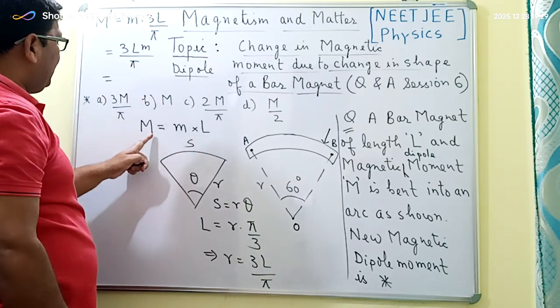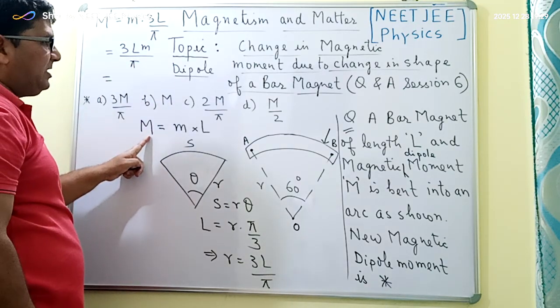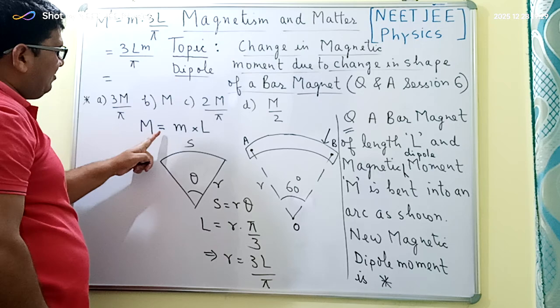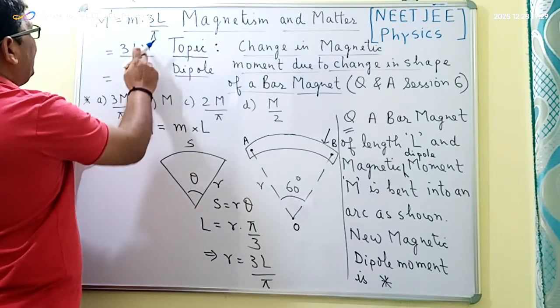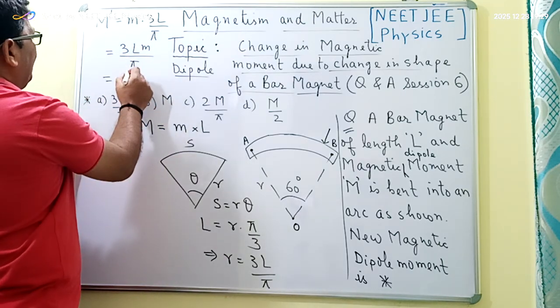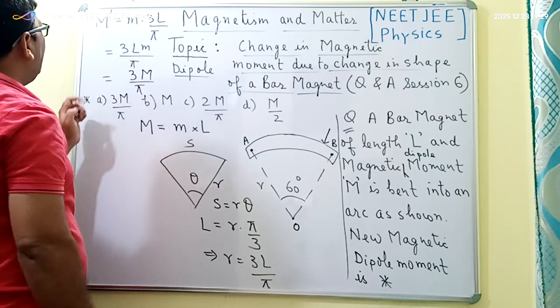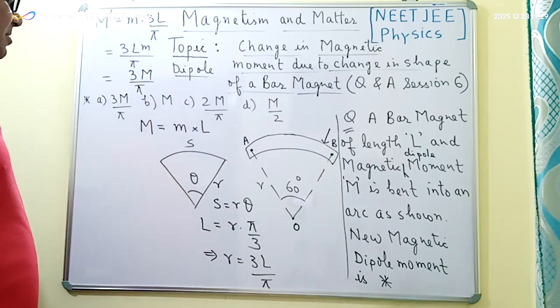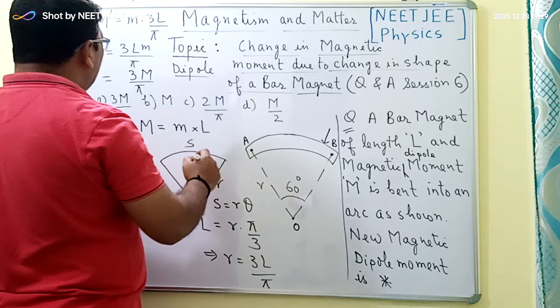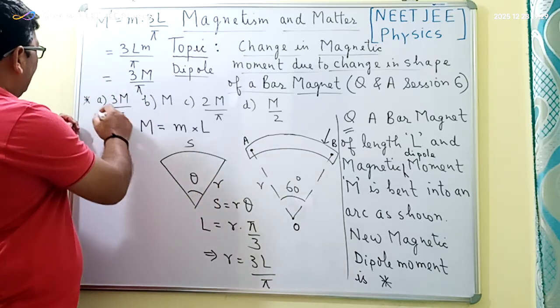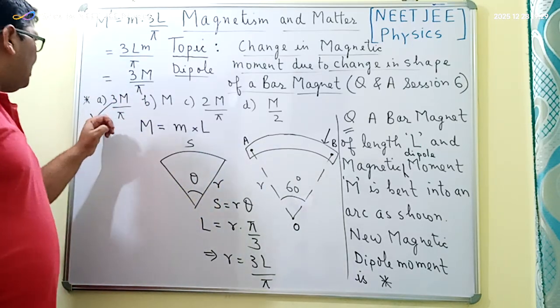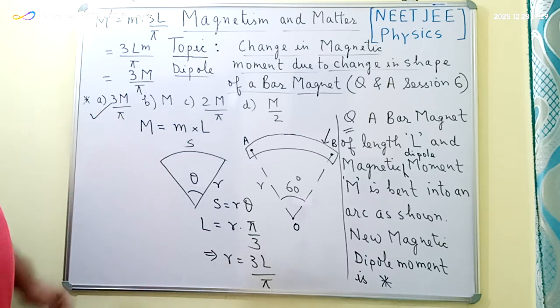Now the magnetic dipole moment, capital M, is equal to m into L, so m into L will be substituted by capital M. So this will be equal to 3M upon pi. So the new magnetic dipole moment will be equal to 3M upon pi, and the correct option will be option A, that is 3M upon pi.